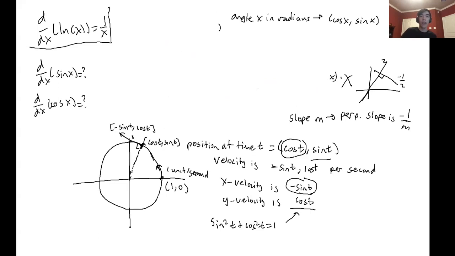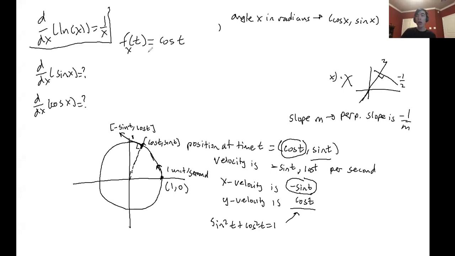If we look at the x and y coordinates together, maybe this isn't too intuitive, but if you just isolate the x value, the function f sub x of t is cosine of t, and we know that the velocity of this function is negative sine t.